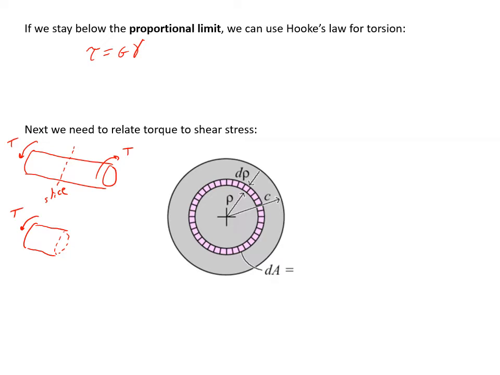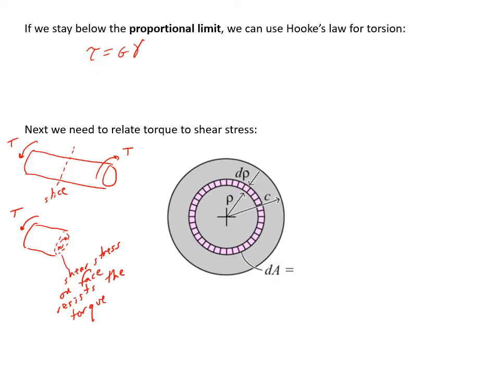That torque is resisted by shear stresses that are acting on the inside surface of that, basically on the interior material in there. So the shear stress on that face resists the torque, right?